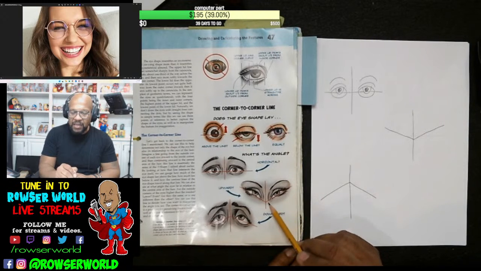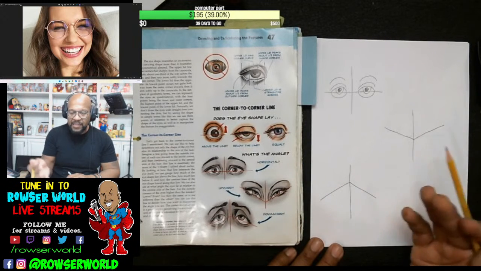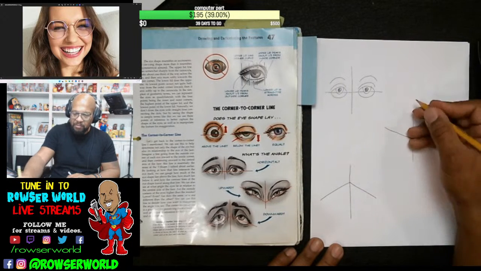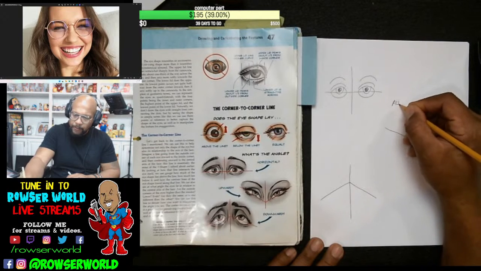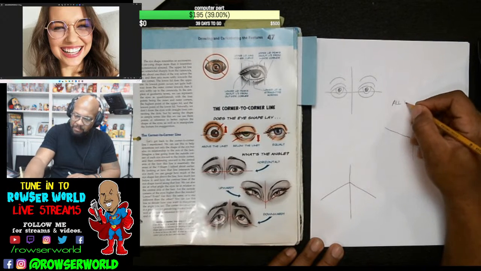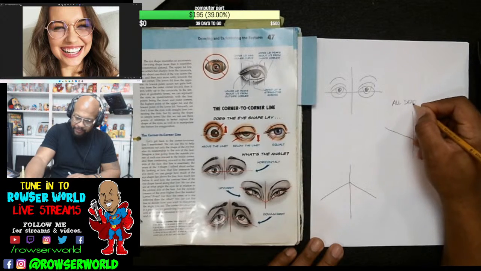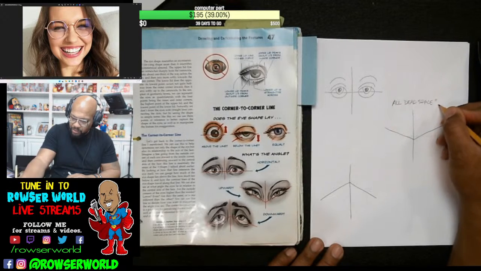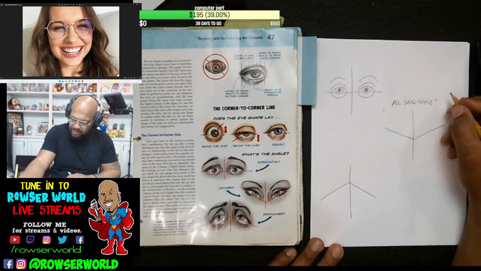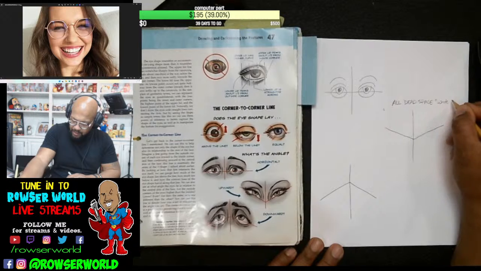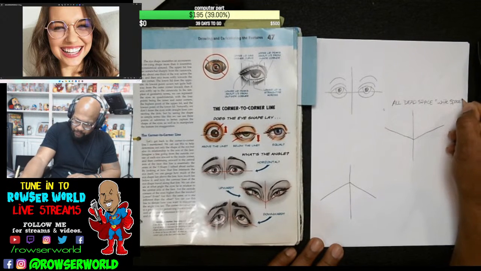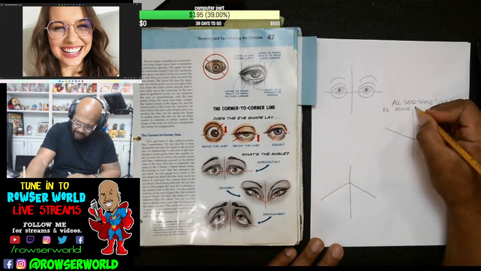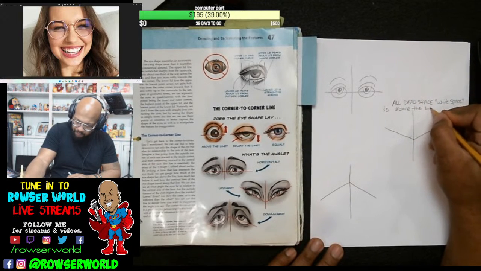But when anyone has a slanted look in their eye, I have noticed that all of the white space, all dead space, or let's just say white space, is above the line.